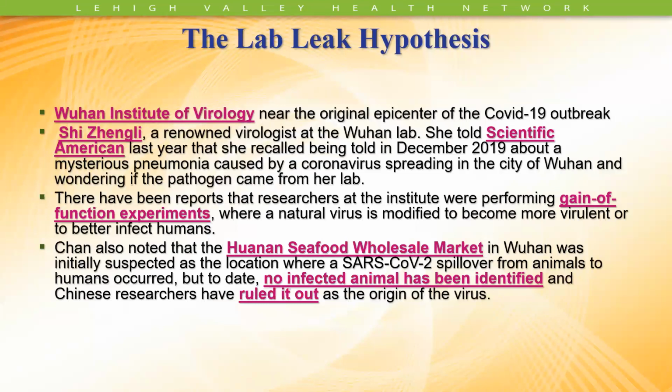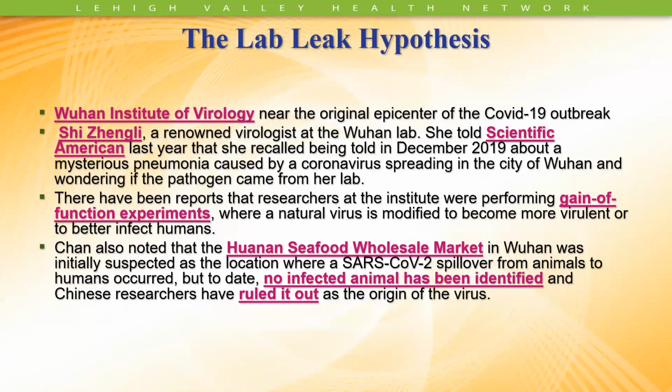What's kind of interesting is that all of a sudden, out of nowhere, at the end of 2019, there were these bad, mysterious pneumonias, and they were spreading through the lab, spreading through Wuhan.